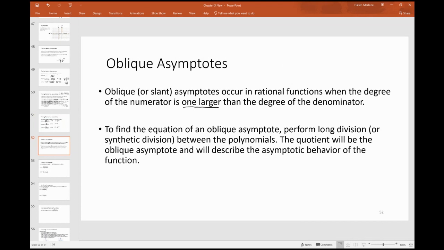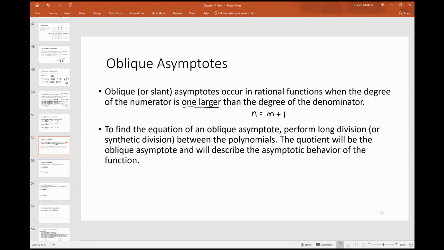Right? So let's think about that. The degree of the numerator, that would be the n. When the degree of the numerator is 1 larger than the denominator, if we wanted to write a little note for that, we could say that n equals m plus 1. All right. To find the equation of the line for that oblique asymptote, we're going to perform long division on the polynomials.